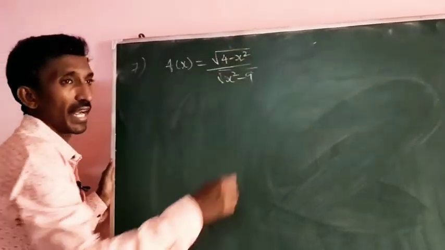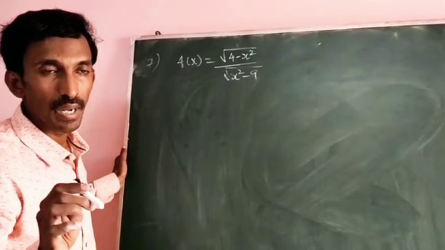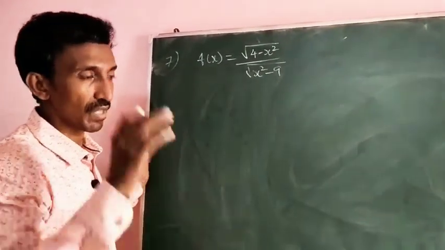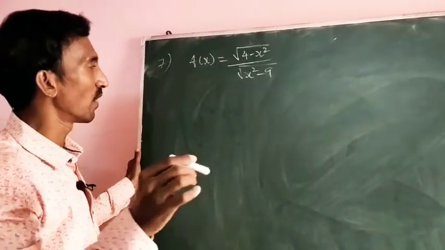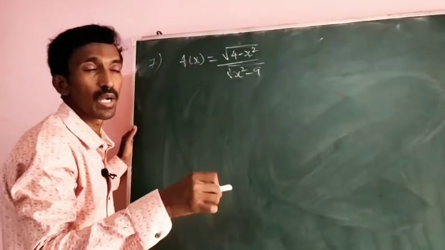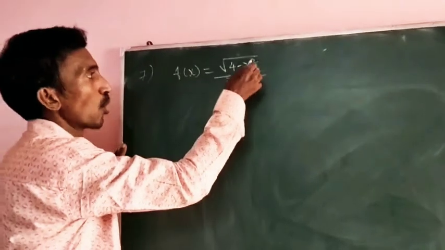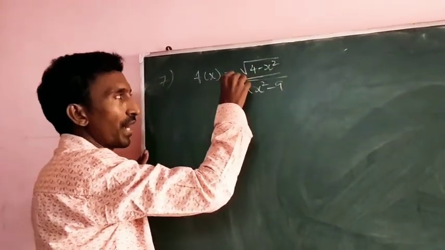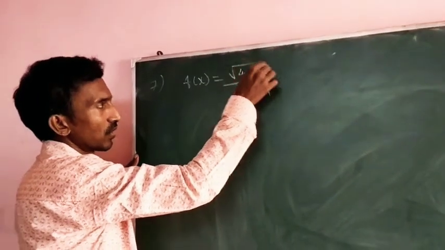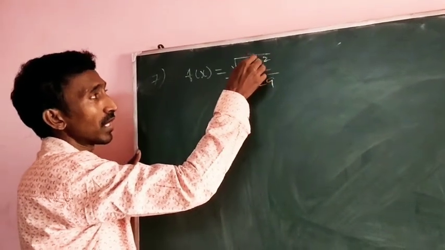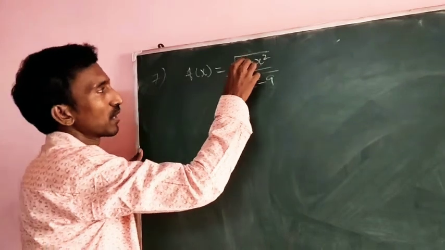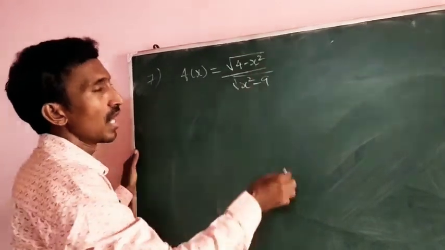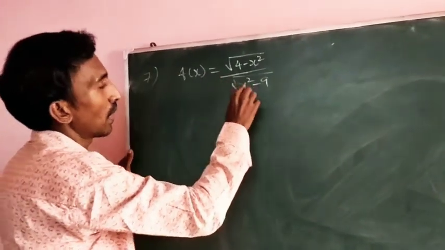So the square root of a negative is not a real number, it is an imaginary number. We are going to learn that in 12th standard anyway. Here we are discussing only the set of all real numbers. So if x is greater than 2 or less than minus 2, the value inside the square root of the numerator becomes negative. So the square root of a negative is not real.